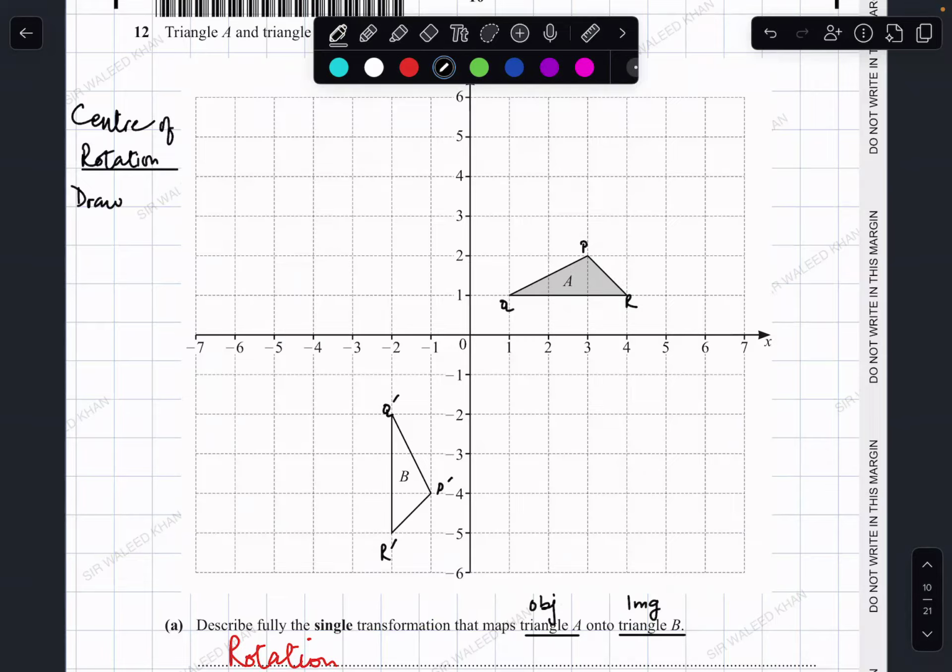Draw two perpendicular bisectors from two corresponding points. Then what? Yes, the center is where the perpendicular bisectors intersect.